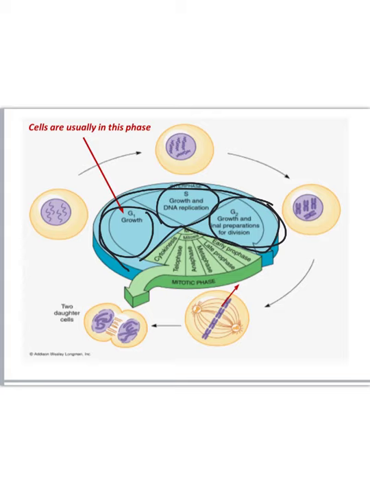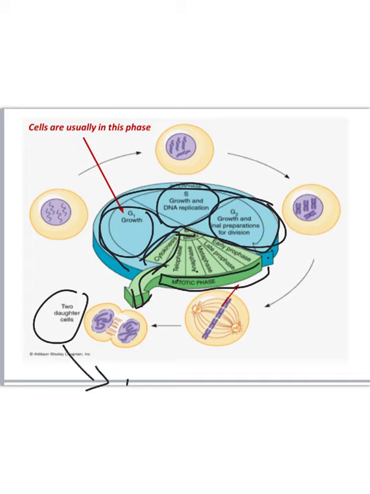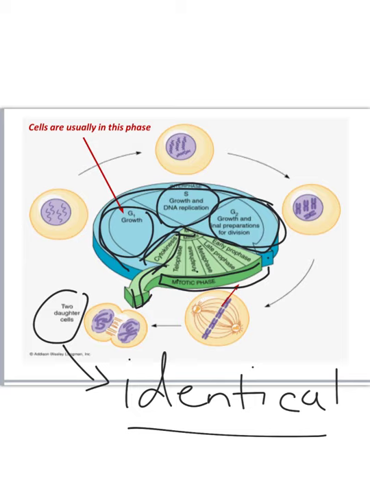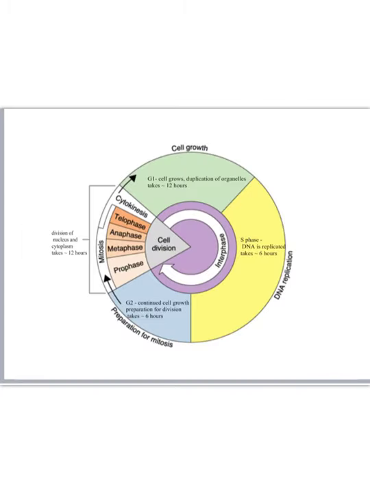Then we have the M phase, which includes mitosis and cytokinesis. We can break the mitosis up into PMAT, prophase, metaphase, anaphase, telophase, and then finally cytokinesis. The end product of mitosis is two daughter cells, and the important thing is that they are identical, that they have the same genetic information.